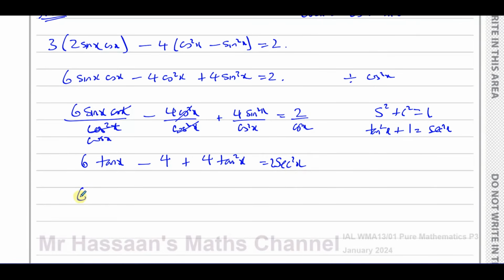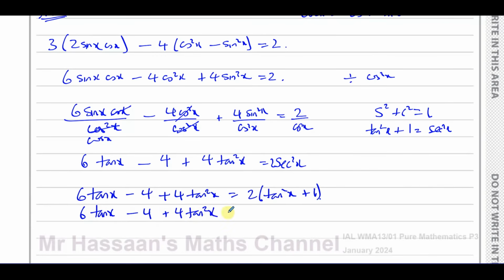So here I'm going to have everything in terms of tans. I'll have 6 tan x minus 4 plus 4 tan squared x equals 2 times tan squared x plus 1. If I expand the bracket, I have 6 tan x minus 4 plus 4 tan squared x equals 2 tan squared x plus 2.